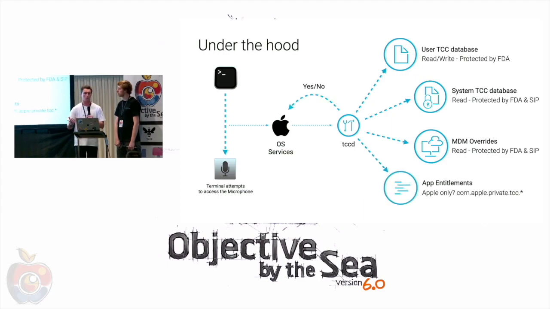The most common, the ones most people will be familiar with, are the user's TCC database and the system TCC database, but we also have things like the MDM overrides plist, which allows organizations to manage TCC permissions at scale for their enterprises. And we also have app entitlements, which we're not going to go too much into, that's an Apple thing, but that can also allow applications to access certain resources on the device.